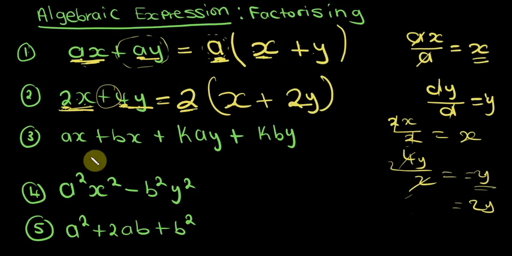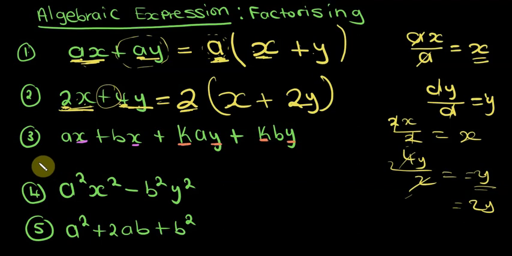Let's keep going. What about this one? Do we have any common terms in here? Well, in this case, x is common. What about here? Well, we have k and y. K and y, those ones are common.